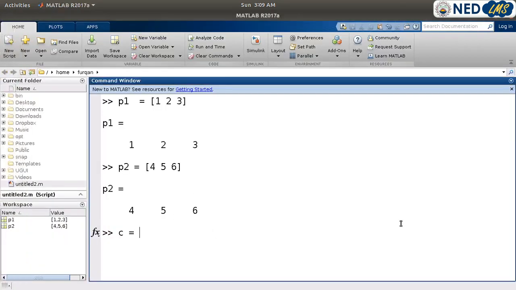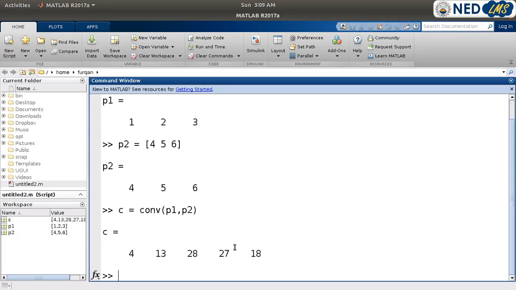So let's multiply these two polynomials, P1 comma P2. The answer is a third polynomial with order 4, maximum power 4. This represents the power 0 coefficient, power 1 coefficient, power 2, power 3, and power 4.